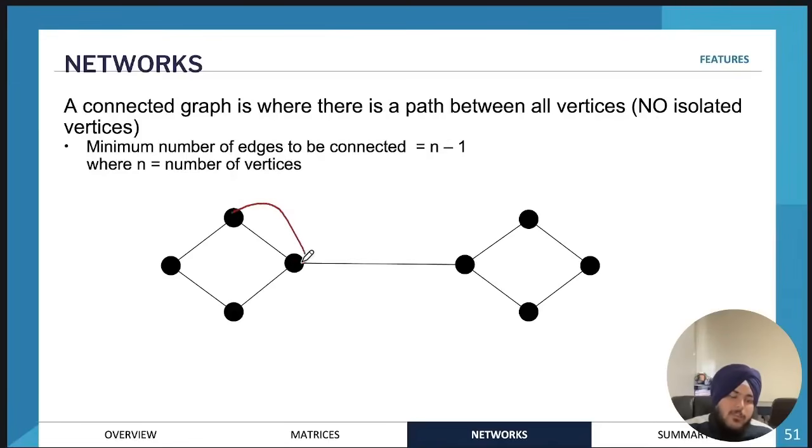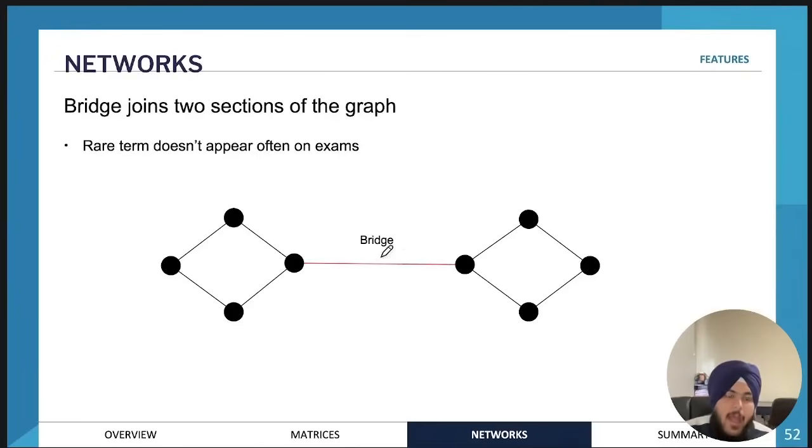So we might have this, that will still be considered a connected graph, but all the vertices in the graph need to be connected to the other vertices in the network. In order to work out the minimum number of edges required, that would just be n minus 1, where n represents the number of vertices. If we have 2 different graphs almost, and they're connected by a particular line, for example here, that would be called a bridge. This term doesn't really appear that often on the exam, so don't really stress about that one.